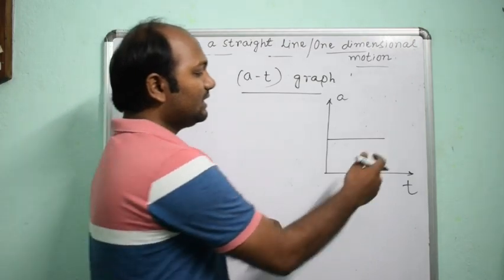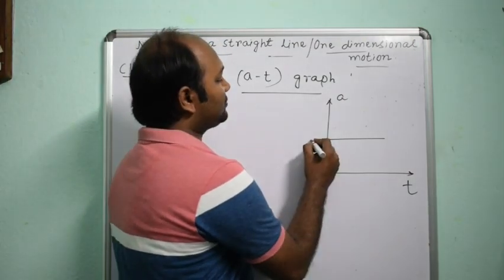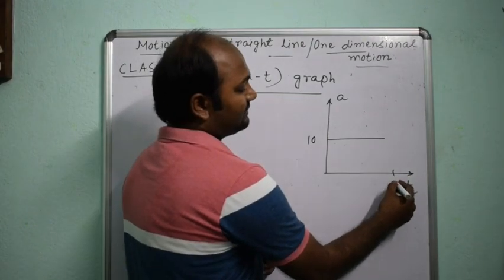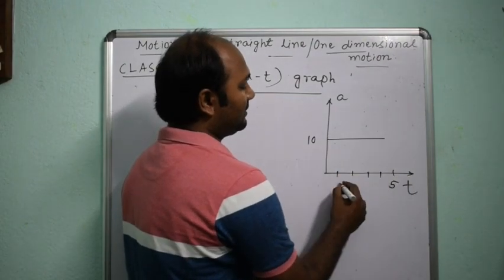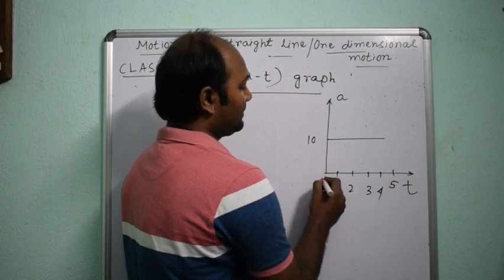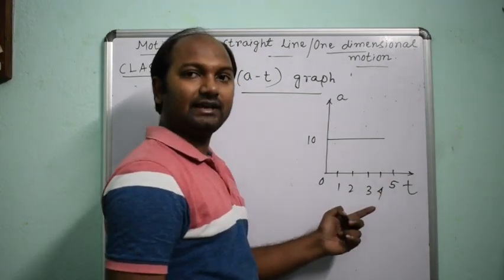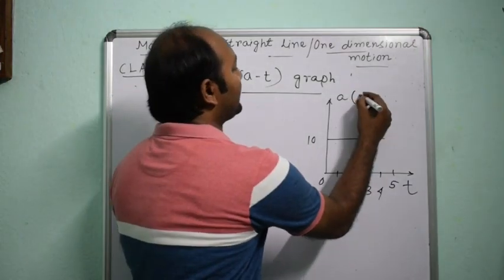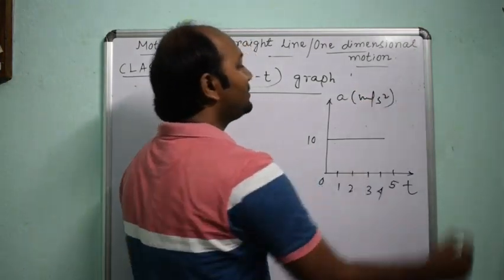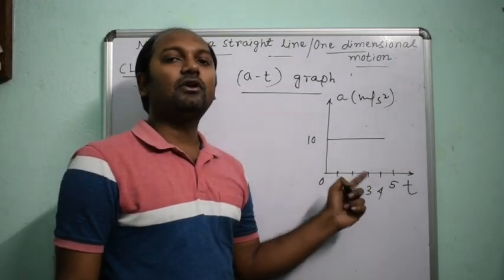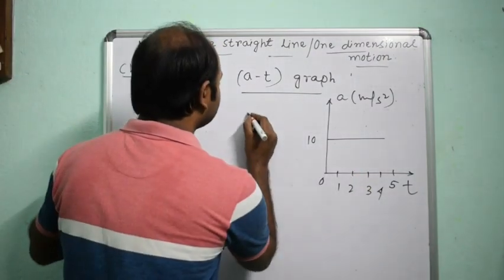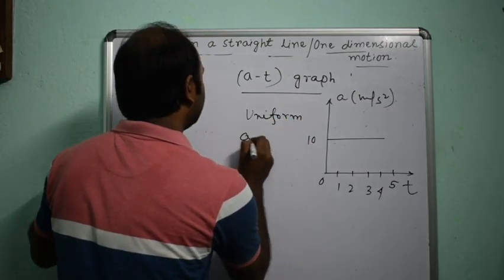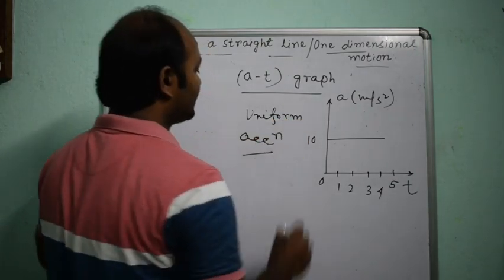Here you see, with increase in time, acceleration is constant. Let it be 10, and time 1, 2, 3, 4, 5. So with increasing time, acceleration remains the same, 10 meter per second square. So this graph is for uniform acceleration.